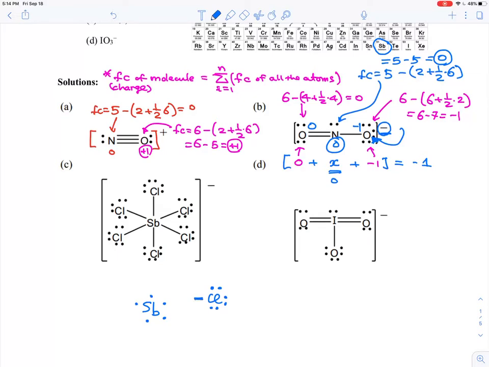This is 2 electrons, one from chlorine, and one electron from antimony. But they need 6 of them, but you are 1 short.